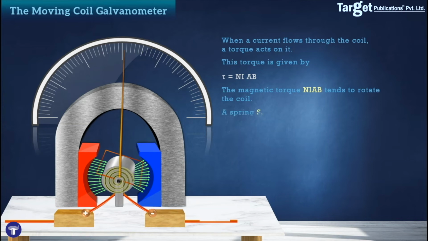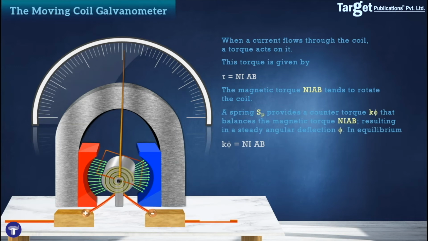And of course, to get a steady angular deflection, there is a spring SP, and this spring provides a counter torque given by K phi that balances the magnetic torque NIAB such that the deflection is steady and smooth, and therefore in equilibrium K phi is equal to NIAB. So basically the pointer will not move due to any other random interferences.